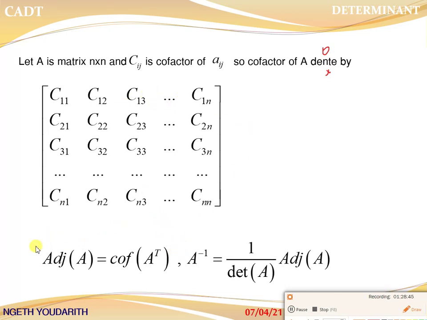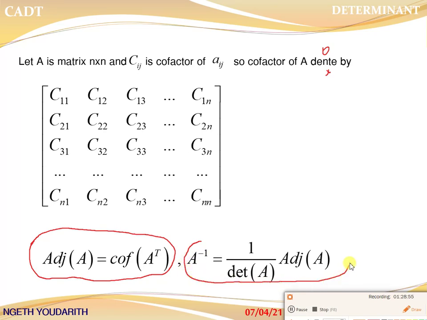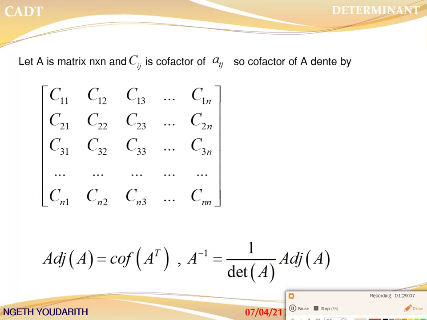And adjoint A is equal to cofactor A transpose, and the inverse of matrix A is equal to 1 over determinant of A multiplication with adjoint A. This is the formula of our inverse matrix that is relevant to the cofactor and the adjoint of A.